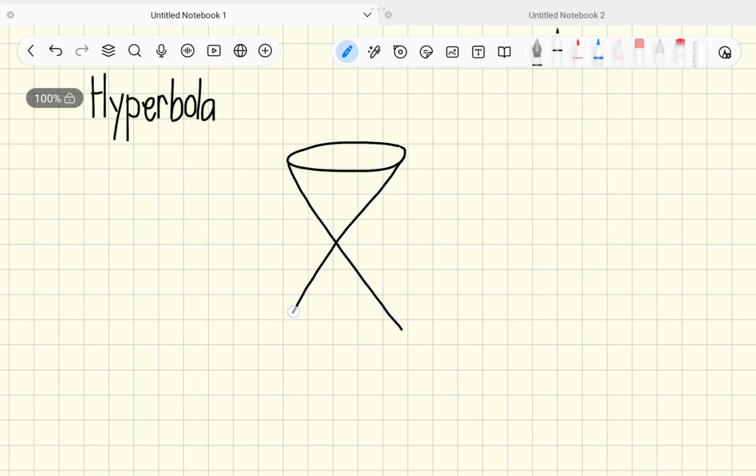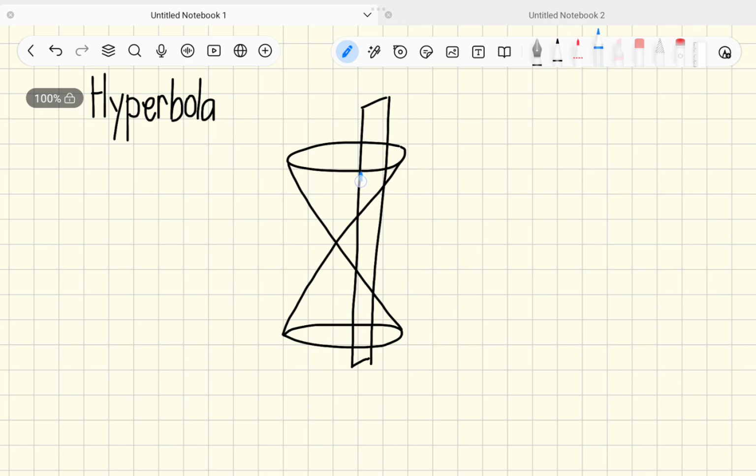Now when the plane intersects this cone in a way that the plane is perpendicular to the base, then the hyperbola is formed. And take note, hyperbolas come in pairs. So how do we define hyperbola?